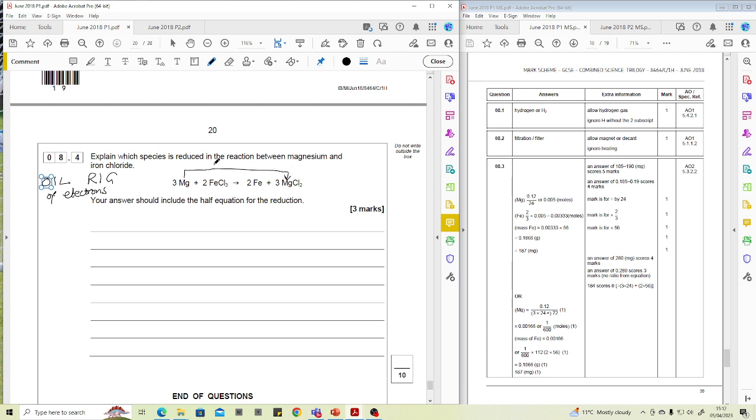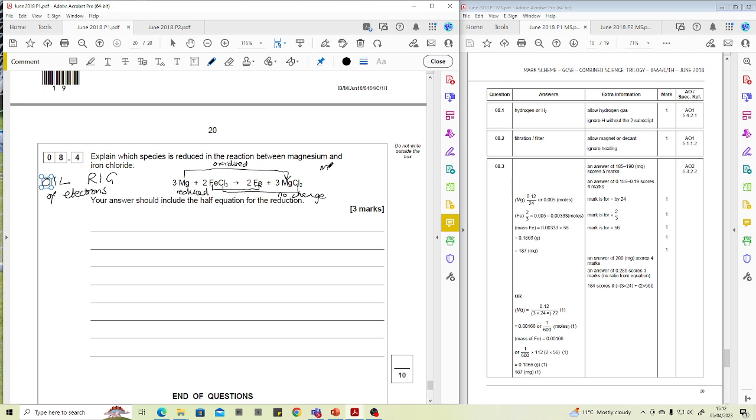So this is oxidized because it turned into a metal ion, and chlorine, no change, because it's still in a compound, and iron itself has been reduced because it went back to being an element from a metal ion.